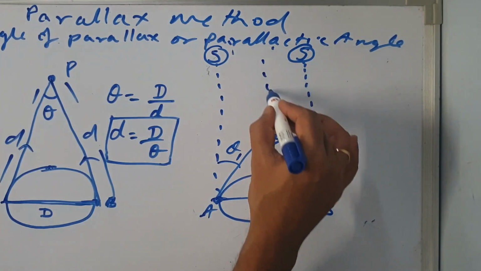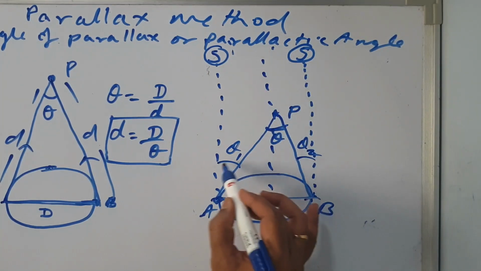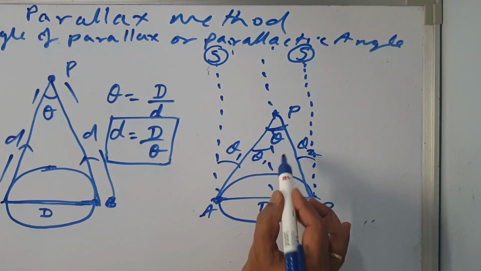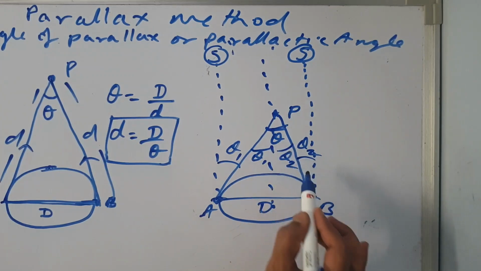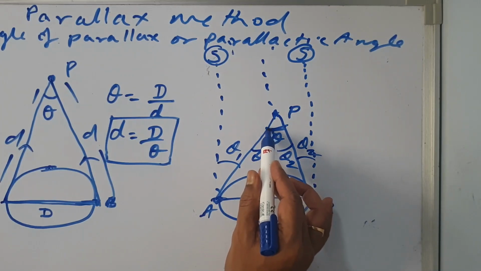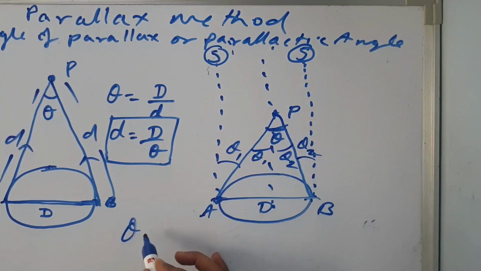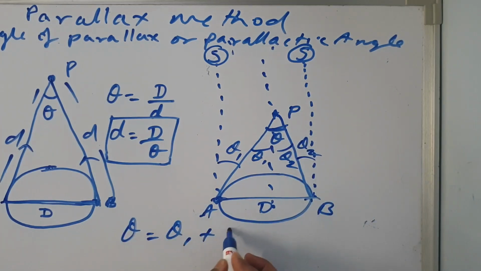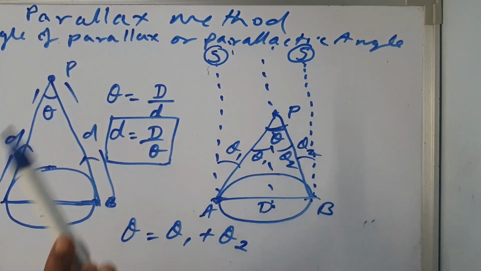If I draw a parallel line here, by alternate angles, this is also going to be theta 1, this is going to be theta 2. Then what is the parallactic angle theta? Theta is going to be equal to theta 1 plus theta 2. So you understood an indirect method to measure the distance of a planet from the Earth using the parallax method.